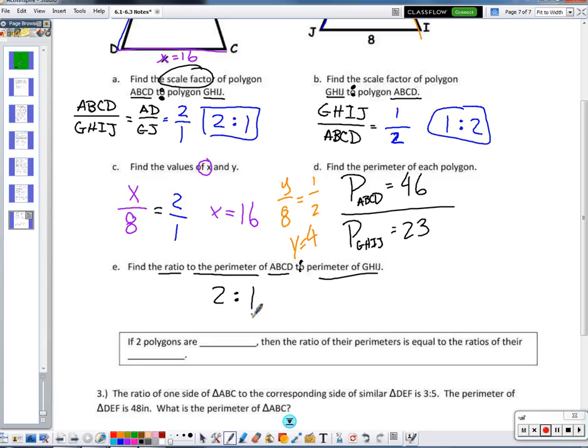Well, that's a new theorem. If I have two polygons that are similar, then the ratio of the perimeters is equal to the ratio of their corresponding side lengths.